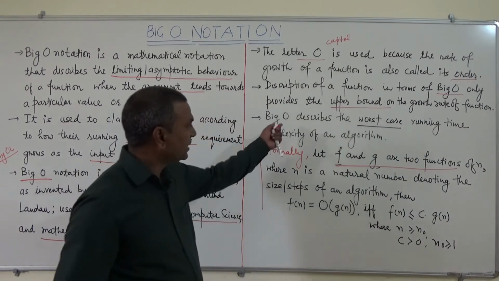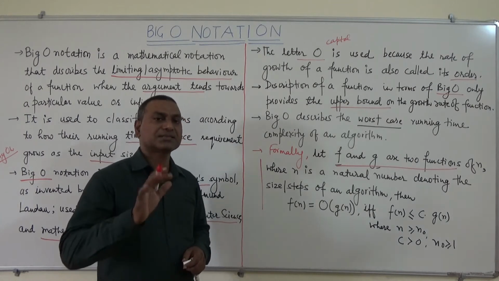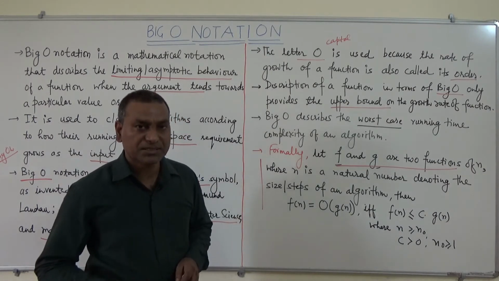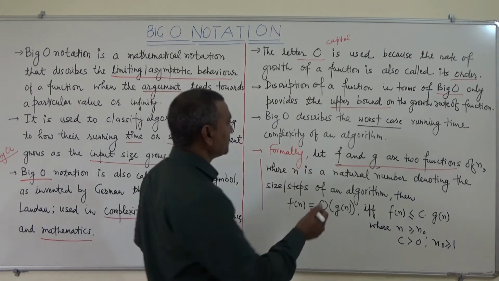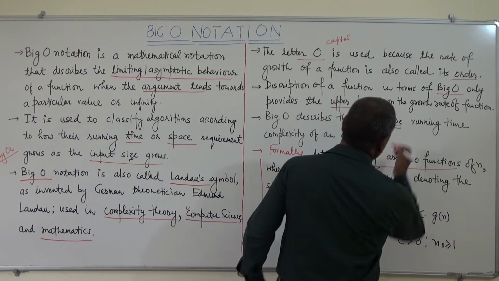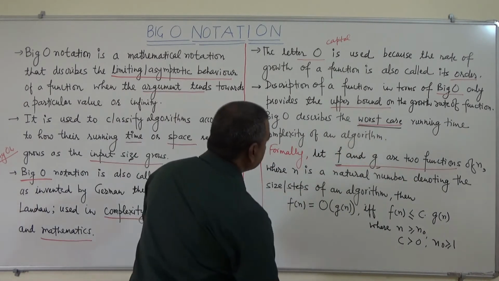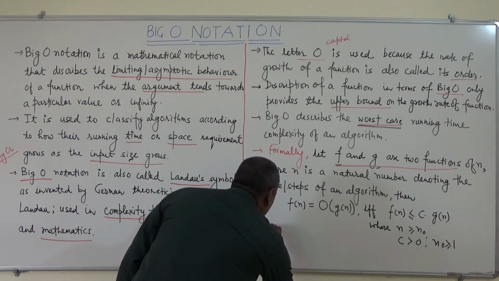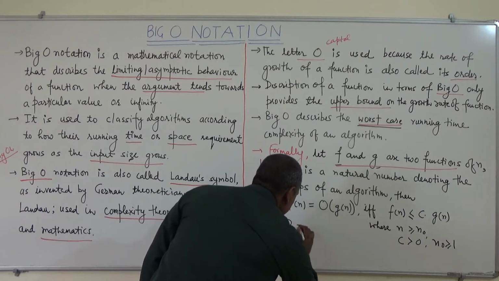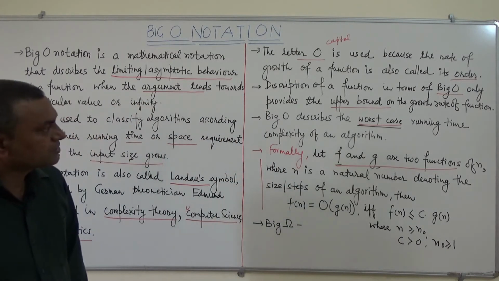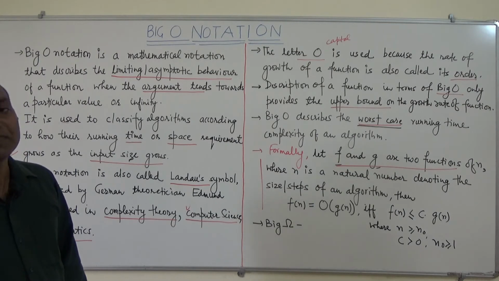Now as we can see here, this big O is describing the worst case running time complexity. On the other hand, its opposite is big omega, and this big omega provides the lower bound of the growth rate of the function.